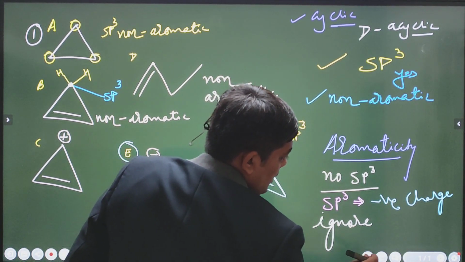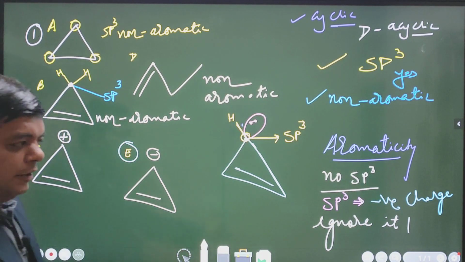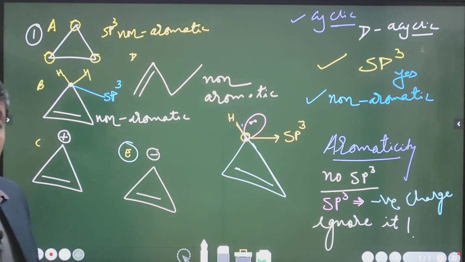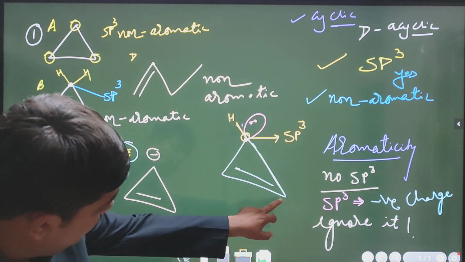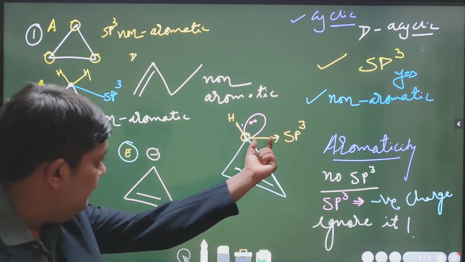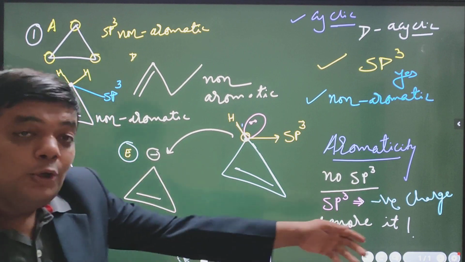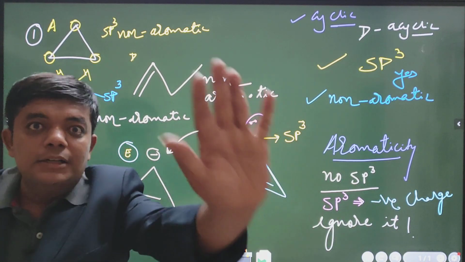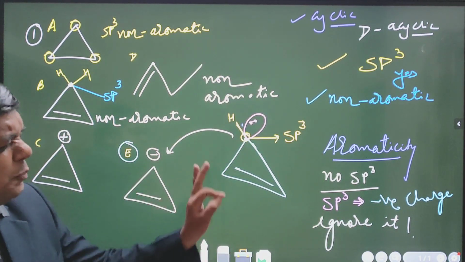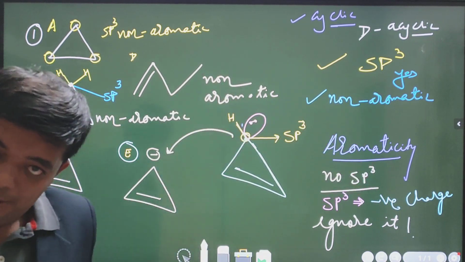Just ignore it. Do not take it into consideration. If at all there are no other carbons which are sp3 by nature, the only carbon that is sp3 by nature, if it is negatively charged carbon, ignore it. Don't consider it to be sp3 for this particular topic, for the vision of aromatic, non-aromatic and anti-aromatic.